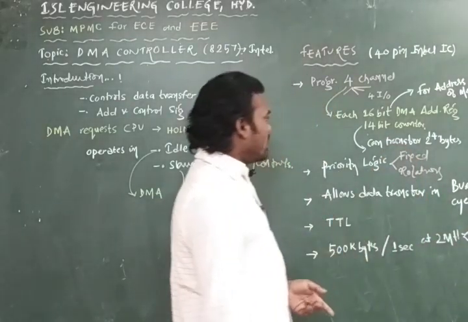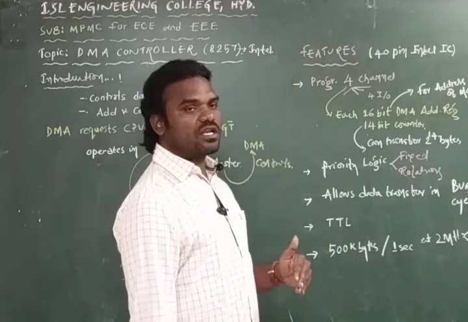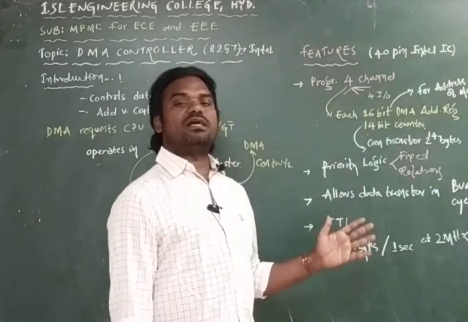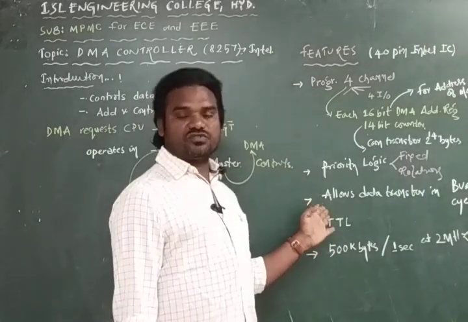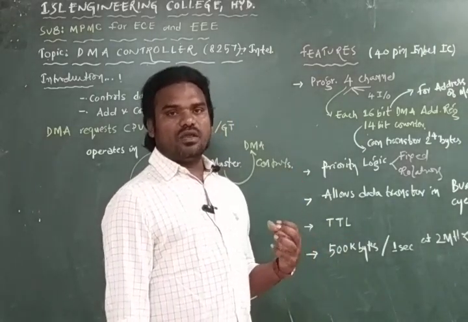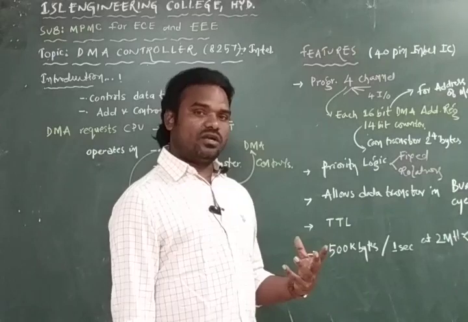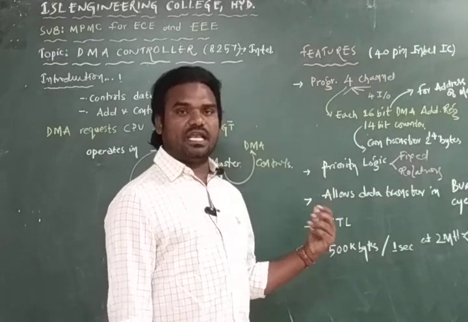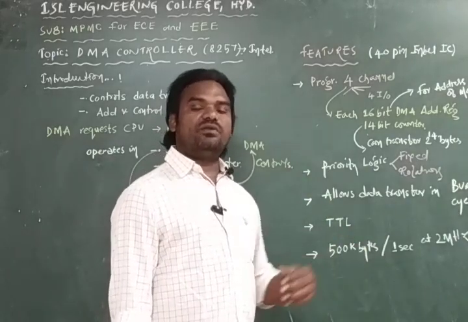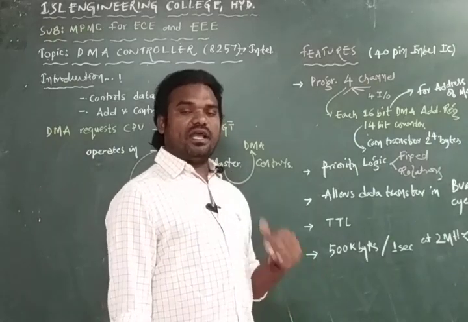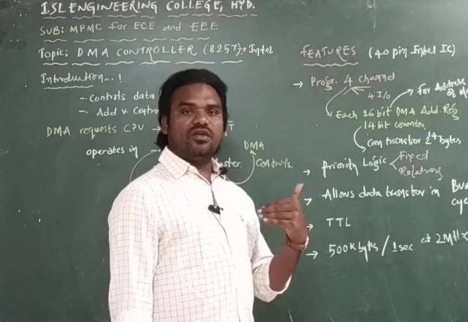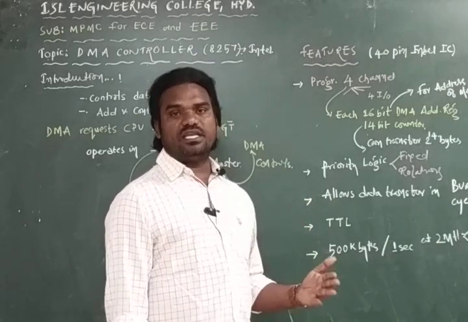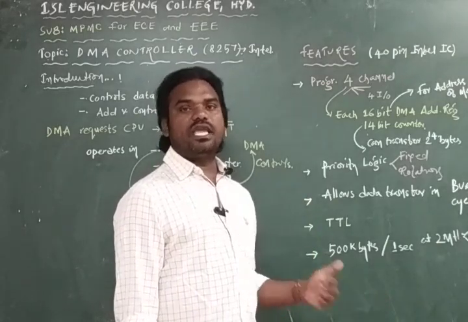Coming to the next one, another important feature of the 8257 is that it is compatible with TTL. We know that it is transistor transistor logic. That means what? Whenever an integrated circuit is made with TTL, then only it can be compatible with the 8257. If the integrated circuit is made with other IC technologies like VLSI or CMOS technology, it can't be compatible with the 8257.